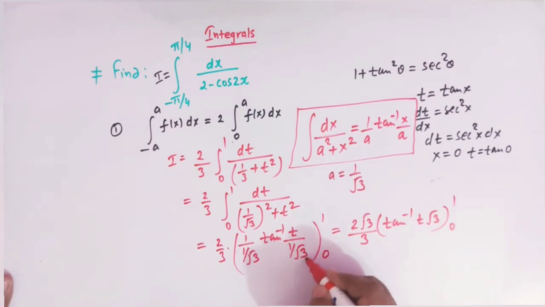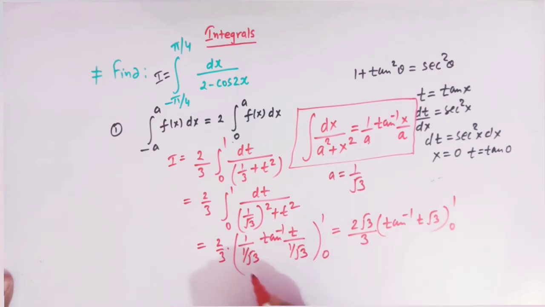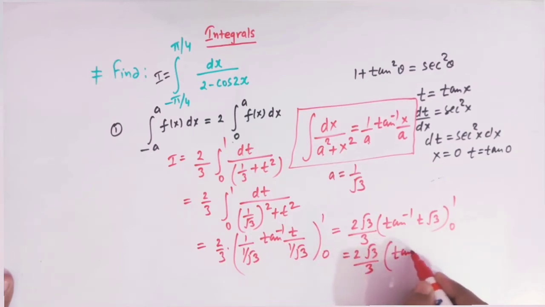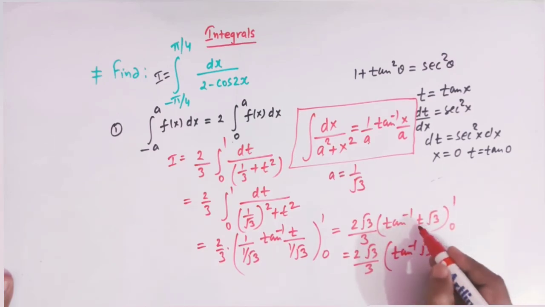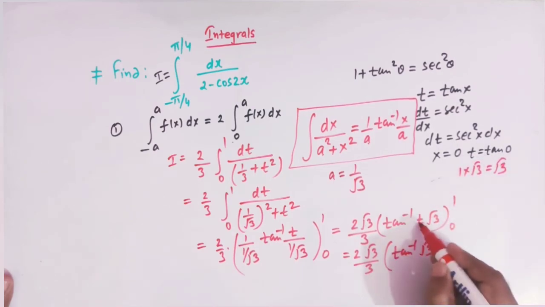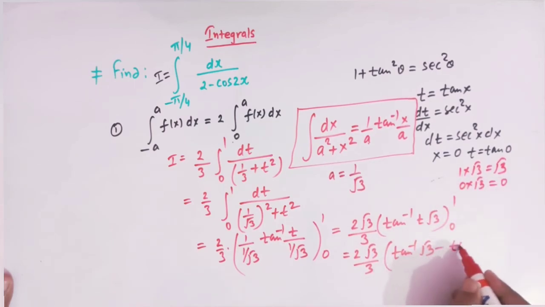So we'll take root 3 to the numerator. So we have t times square root of 3, and here root 3 is taken to the numerator. So we have 2 root 3 over 3, and when we take t is equal to 1, here we have square root of 3, because 1 times root 3 is root 3, and when we take t is equal to 0, 0 times root 3 is 0, so we have here tan inverse of 0, right?